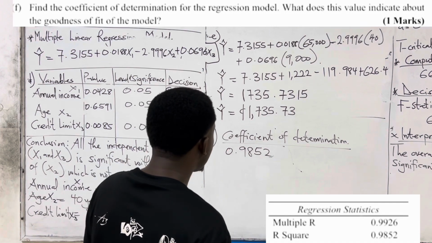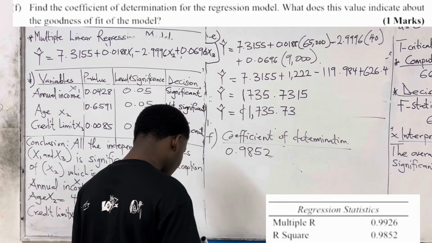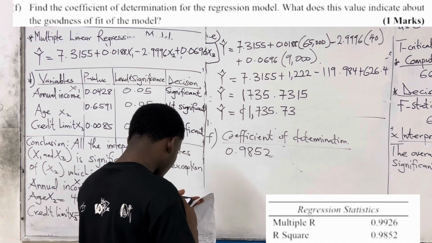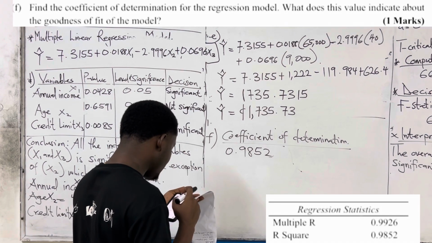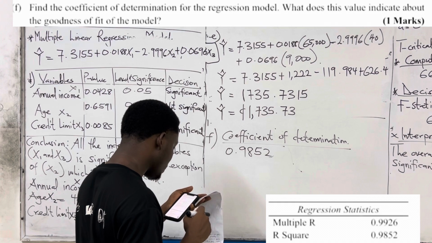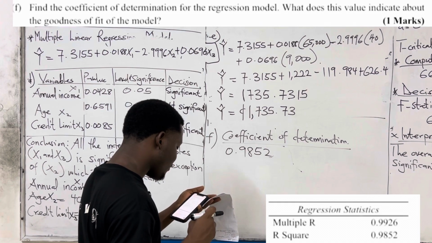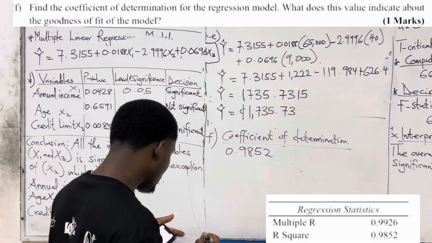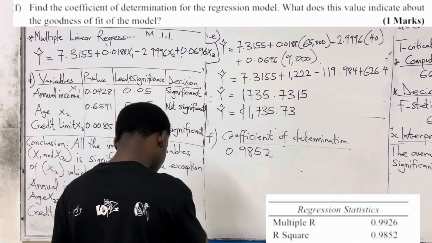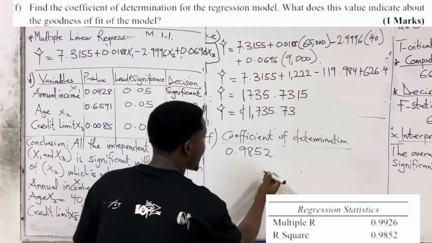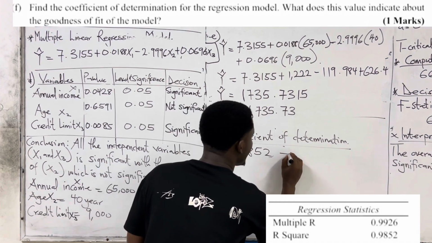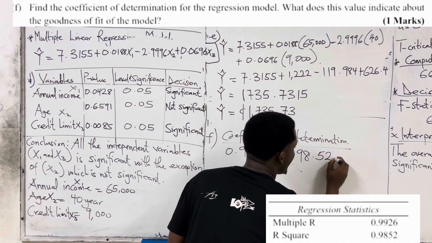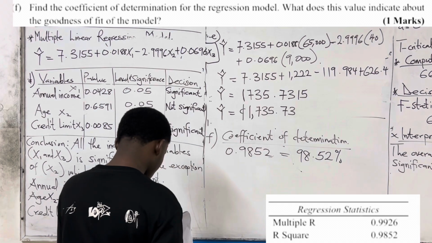So this is the coefficient. The question says find the coefficient of determination for the regression model. What does the value indicate about the goodness of fit of the model? So with this one, we can convert it into percentage, which will give us 98.52%.